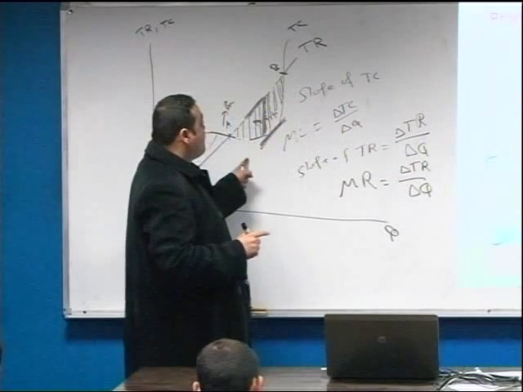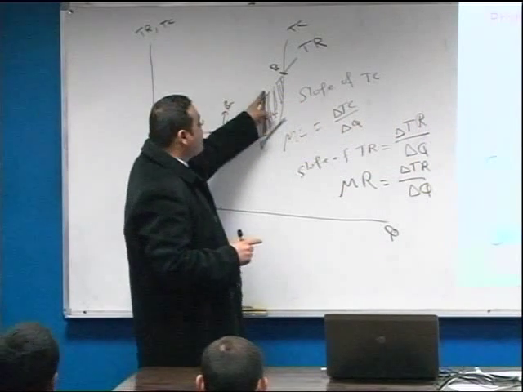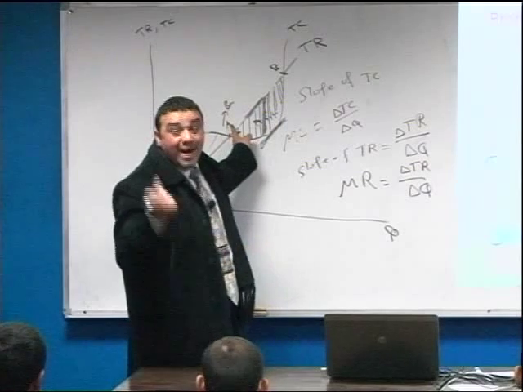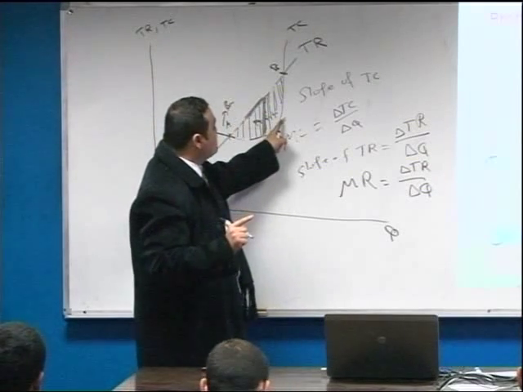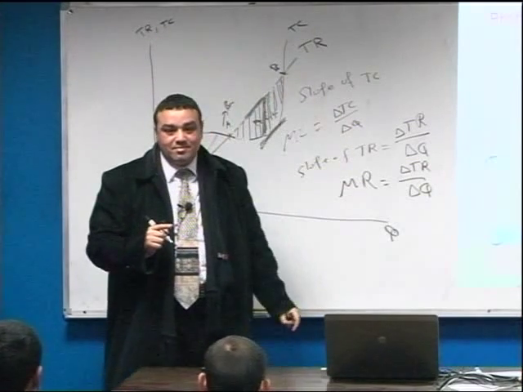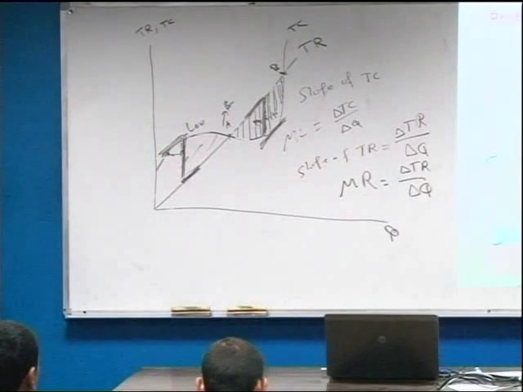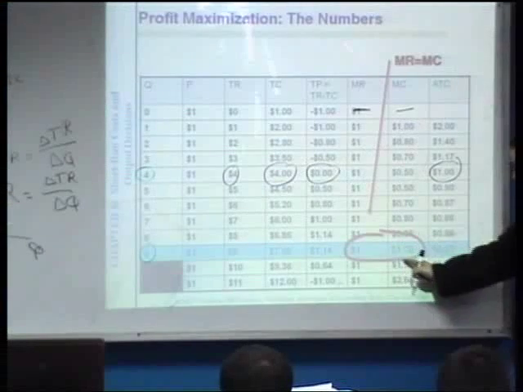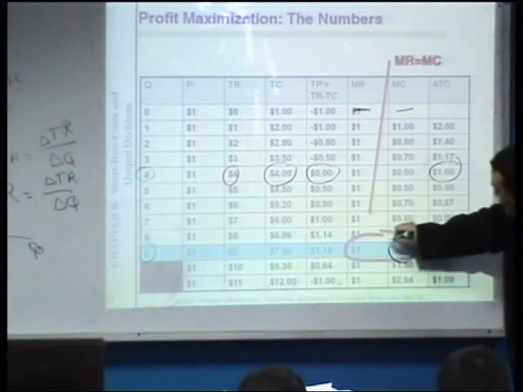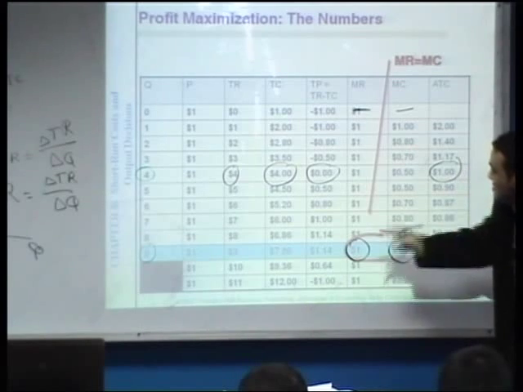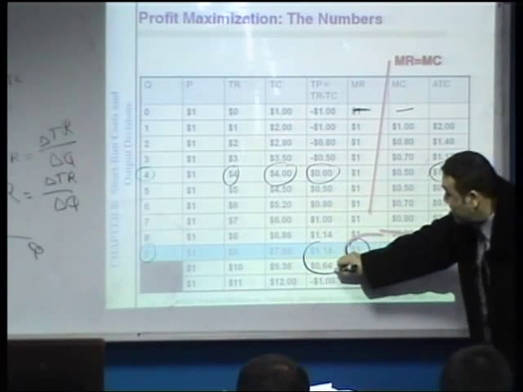The slope of total cost equals the slope of TR, but when MC is increasing. Right? So the profit is maximized at this point where MC equals MR. In this case we have the highest profit.